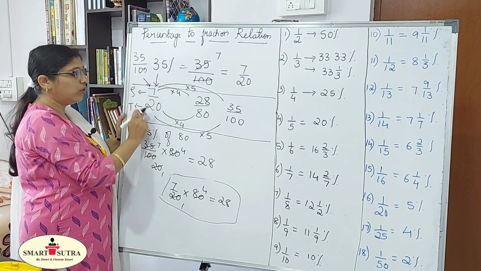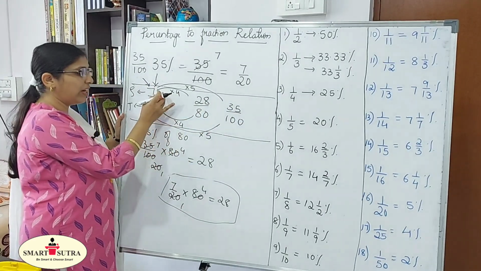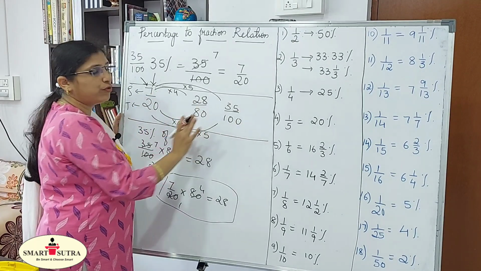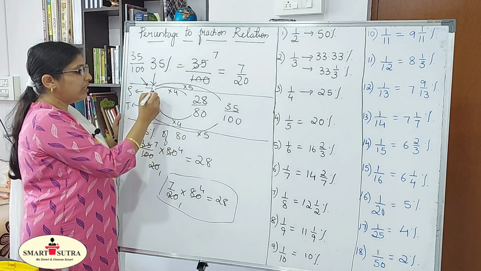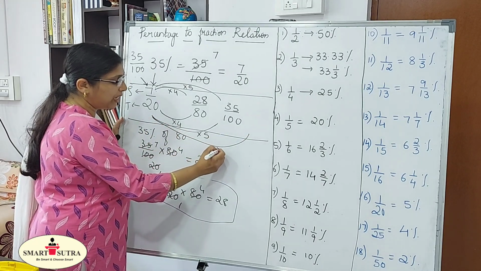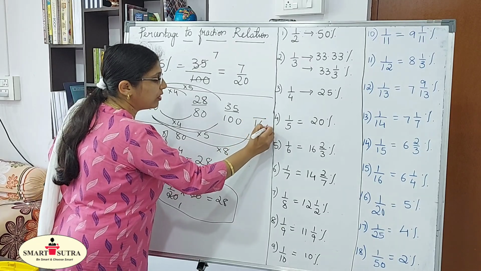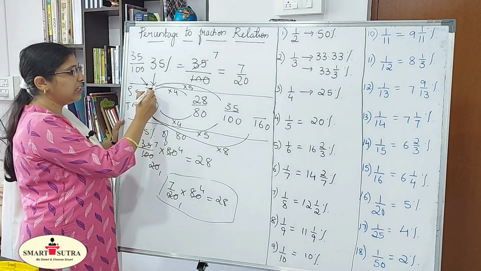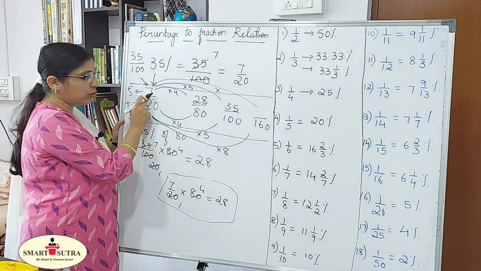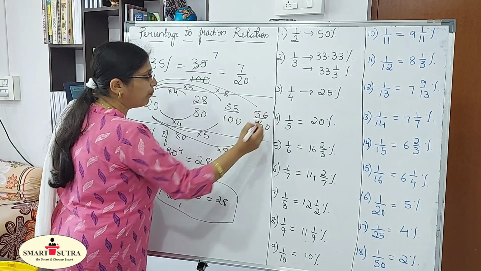So if we know the fraction, the ratio between the numerator and denominator remains the same throughout. Now if the exam was increased by 8 times, then 20 8s are 160 total marks, and the scored marks also get multiplied by 8, so 7 8s are 56.